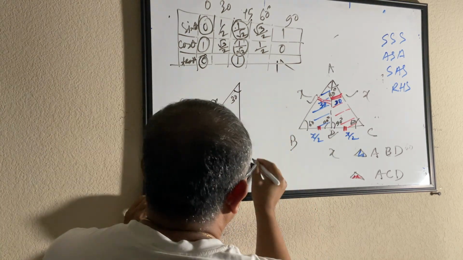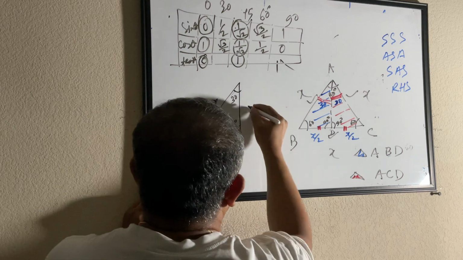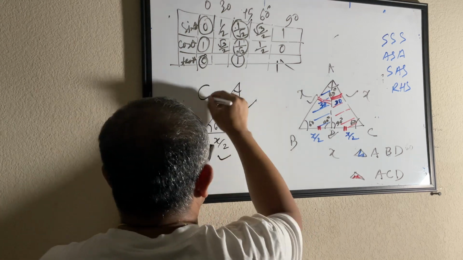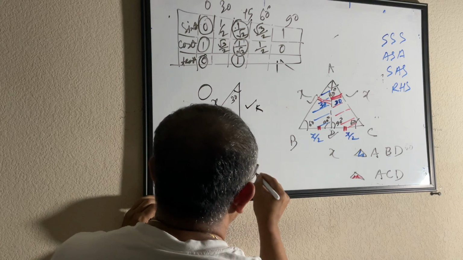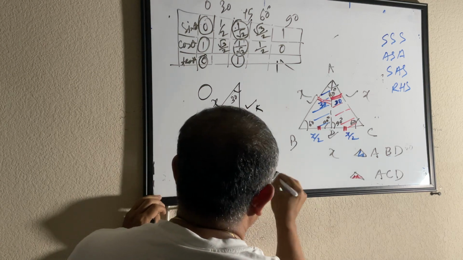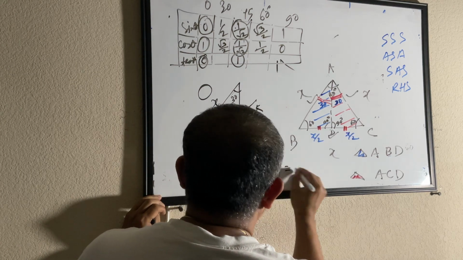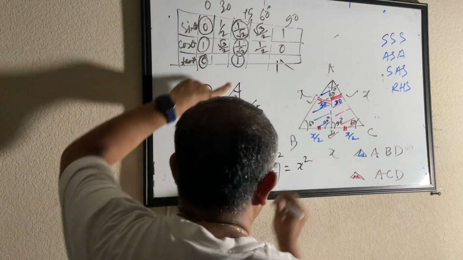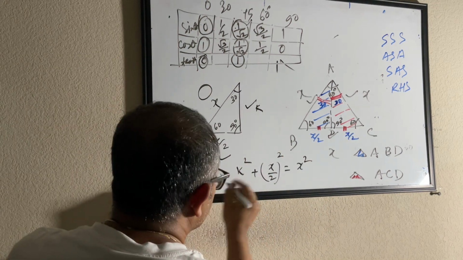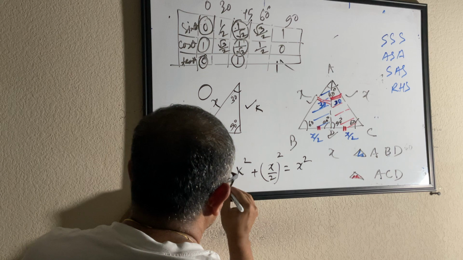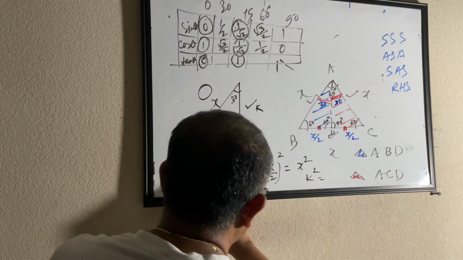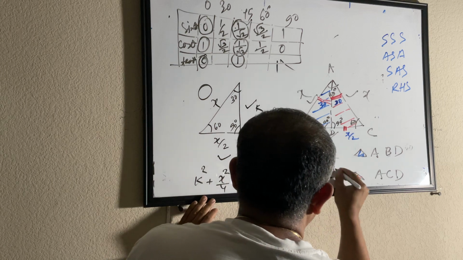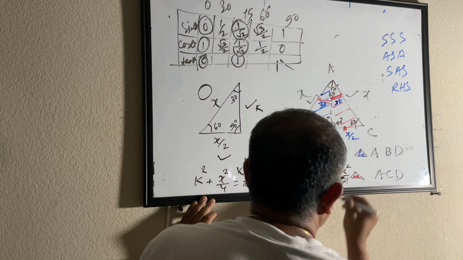But the Pythagorean theorem says that this square plus this square will be equal to this square. So let's say this is k. So k square plus (x by 2) square will be equal to x square. So k square plus x square by 4 will be equal to x square, or k square will be equal to x square minus x square by 4.